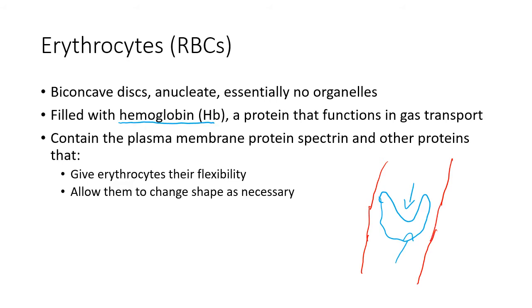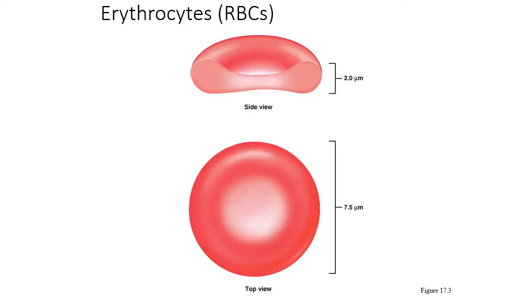They're able to do that because of a protein called spectrin, one of the more important ones when it comes to the flexibility of the cells. This is what allows them to squeeze through these smaller blood vessels and make their way to wherever they need to go within the body itself.